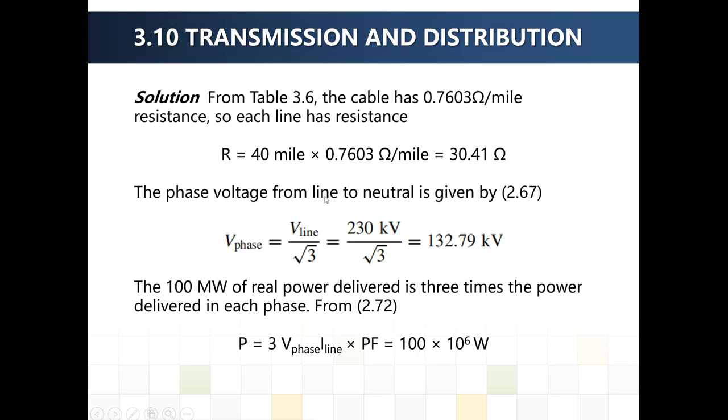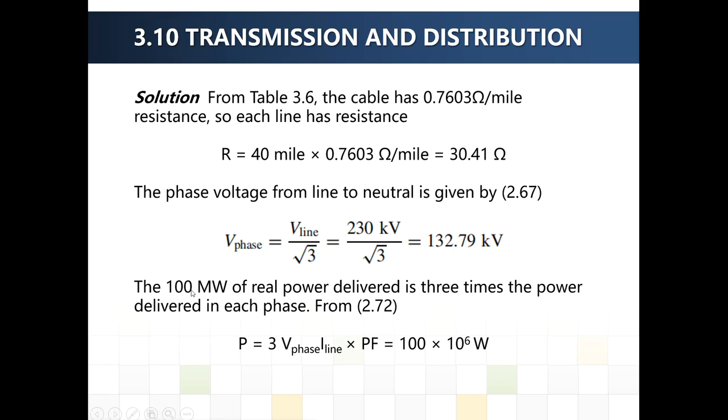The phase voltage from line to neutral, since it's Y-connected, is equal to the line voltage divided by the square root of 3. Now the phase voltage is 132.79 kilovolt.